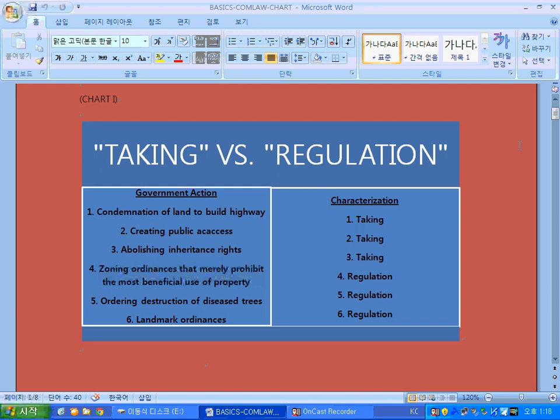P appeals on grounds that his property was not granted proper protection under the Fifth Amendment. The Fifth Amendment provides just compensation for a taking by a government.